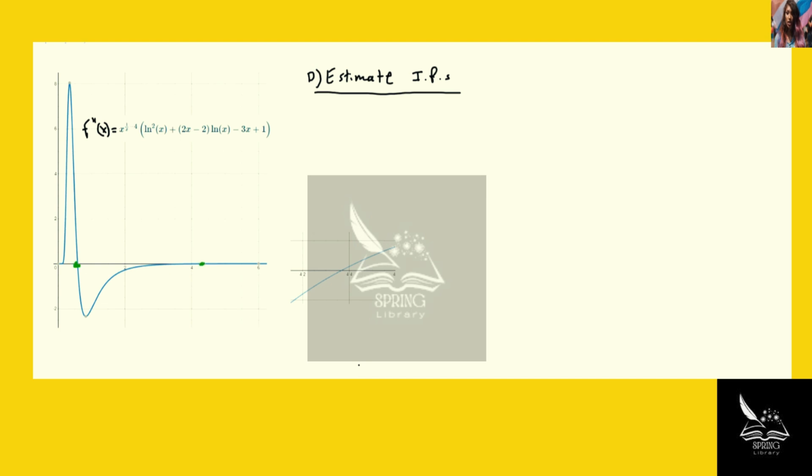So we have this point here and this point here. And so the value for each of those, so the first one is about 0.58, so 0.582.